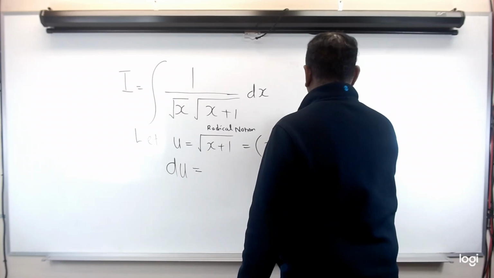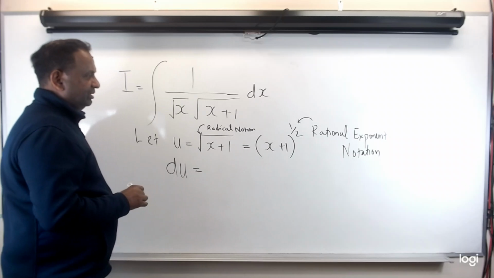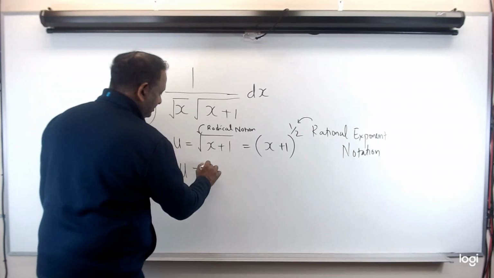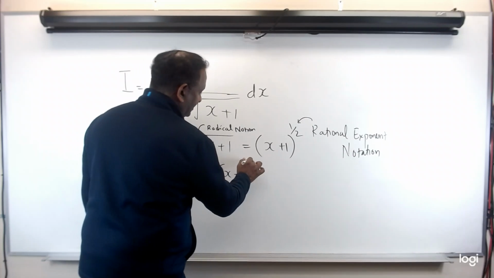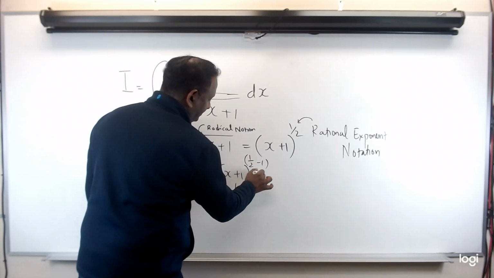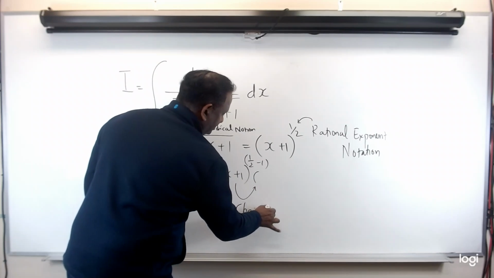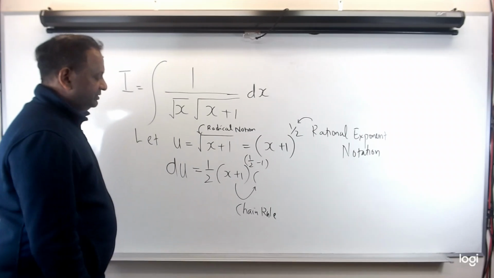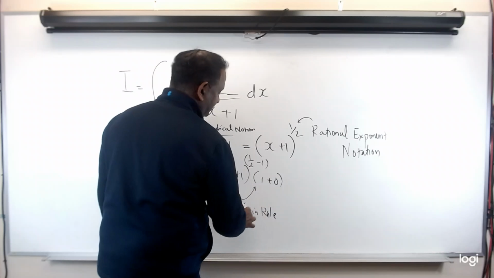If you take the derivative, it is half times x plus 1 to the half minus 1, and then you take the derivative of the inside from the chain rule. Use the chain rule, and you get 1 plus 0.